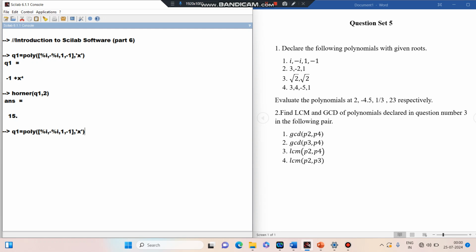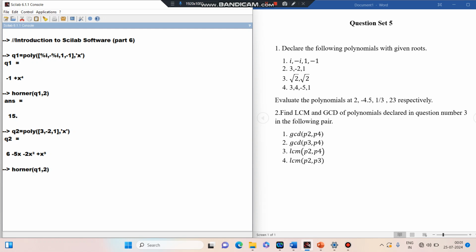Now the Q2, the roots given are 3, minus 2, 1. So let us write 3, minus 2 and 1. And this polynomial is x cube minus 2x square minus 5x plus 6.